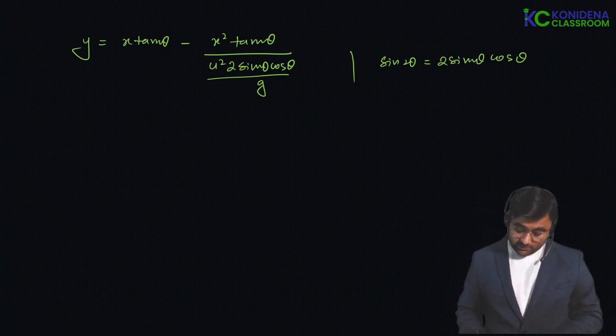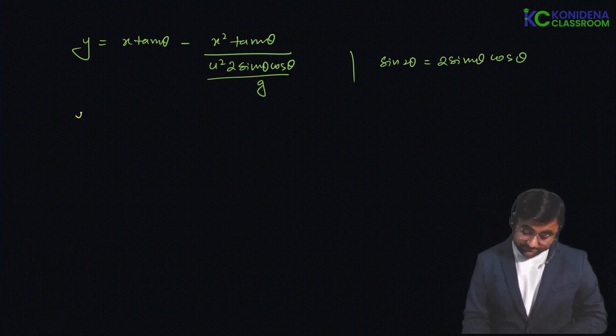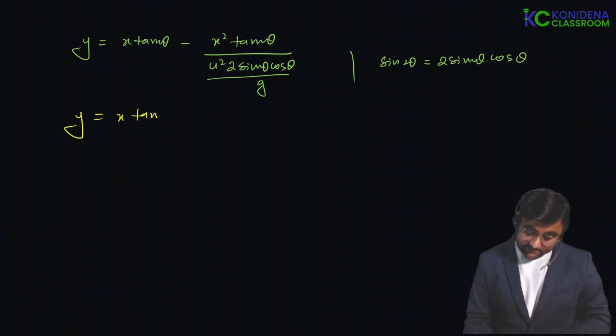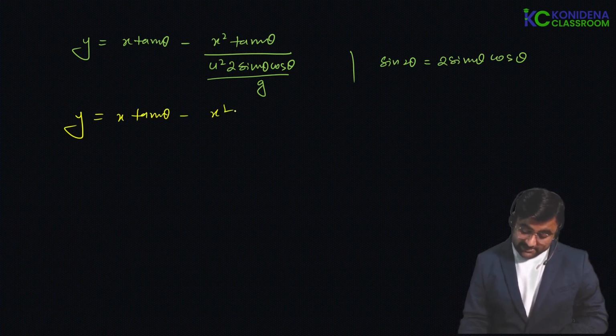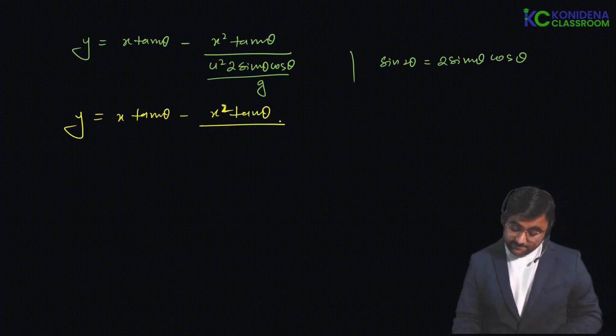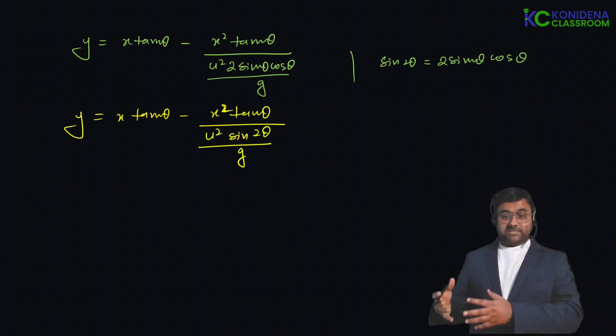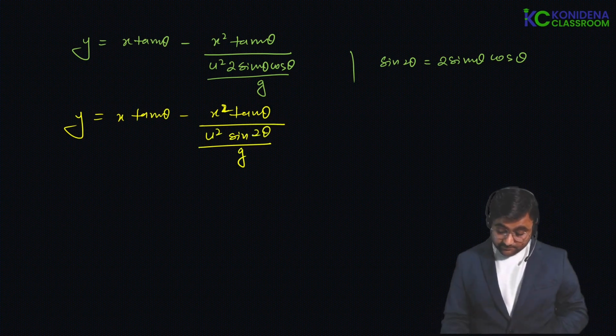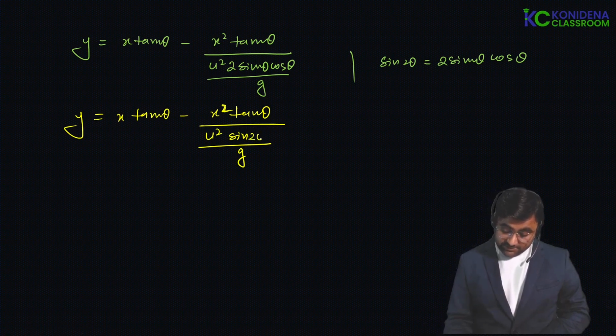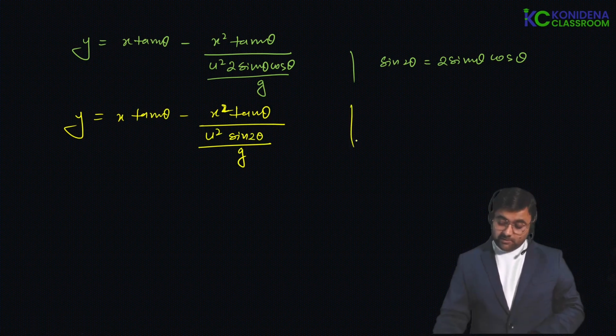So your y is going to be x tan theta minus x square tan theta by u square sine 2 theta by g, right? So we have this u square sine 2 theta by g. Now if you talk about the range formula, the range is u square sine 2 theta by g.